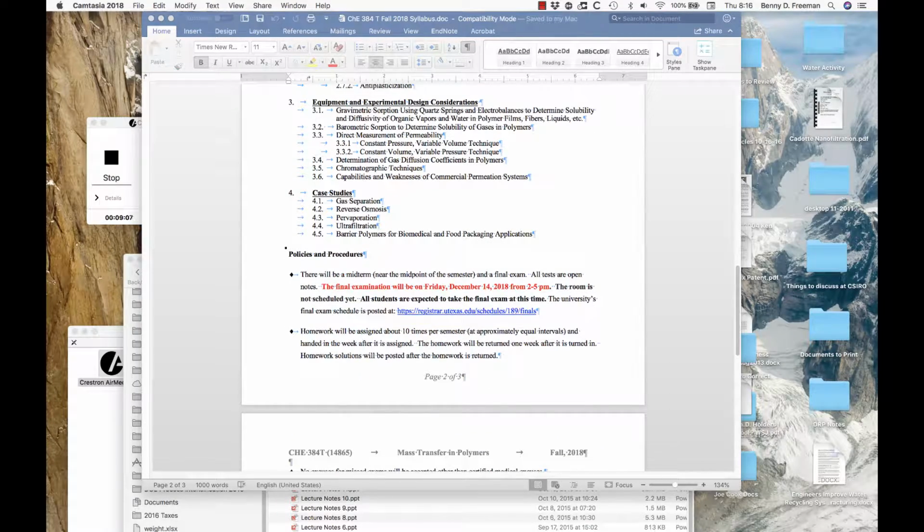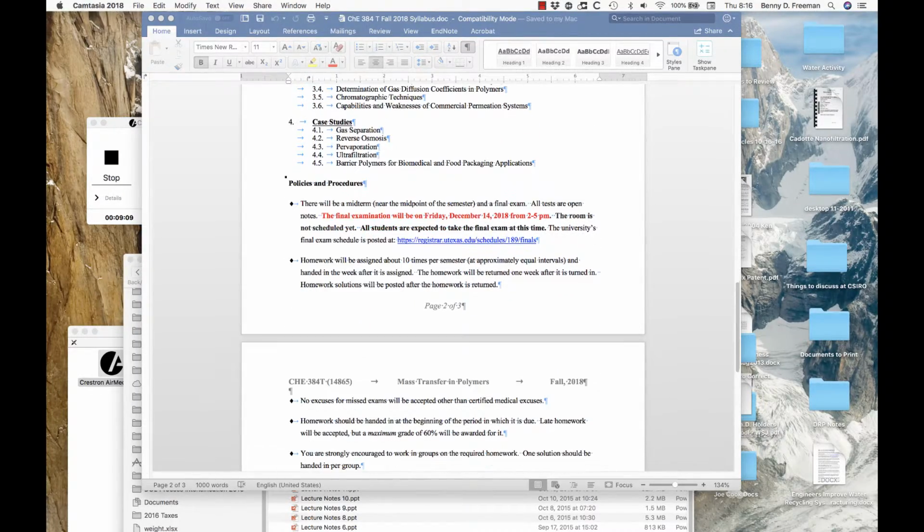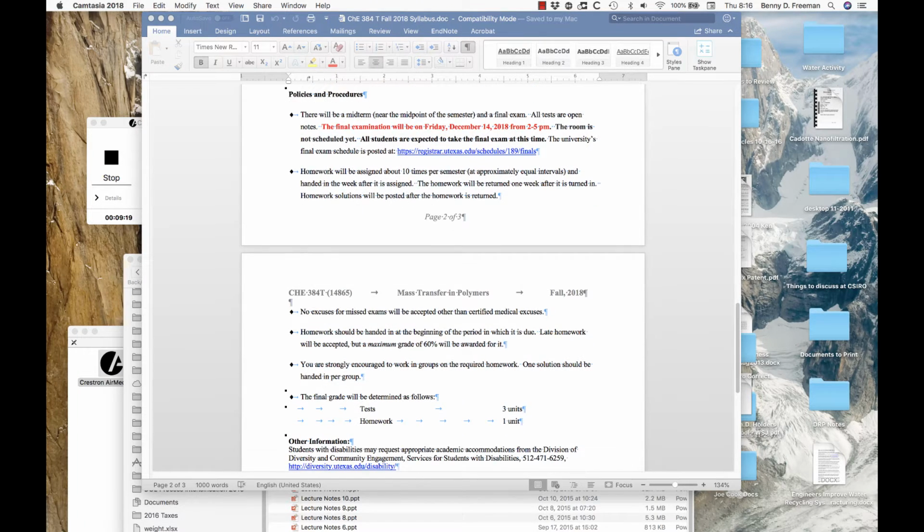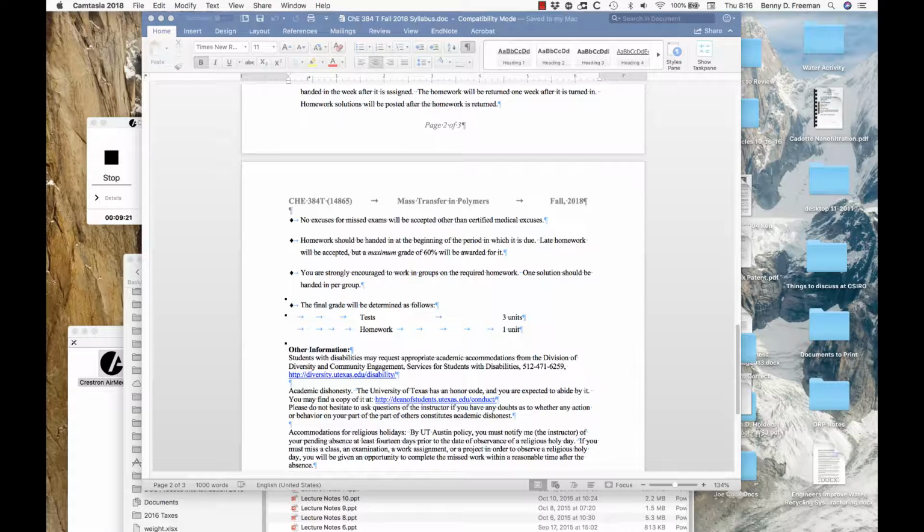The main administrative stuff is towards the end, so they require us to give the final exam listed up front, and you're expected to be present and take that. We'll have a homework due not quite every week, but on a weekish basis, and you have a week to turn it in, and then a week later Rahul will grade it and get it back to you.